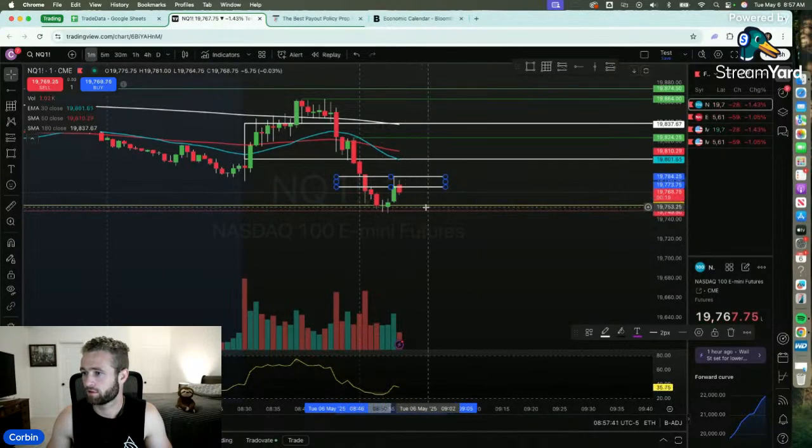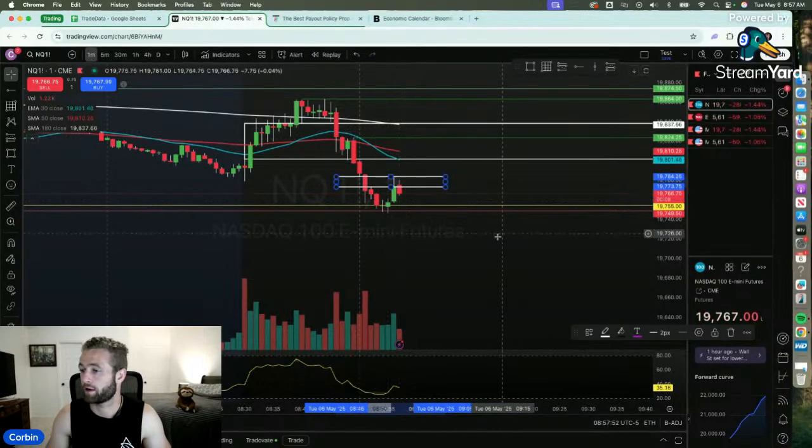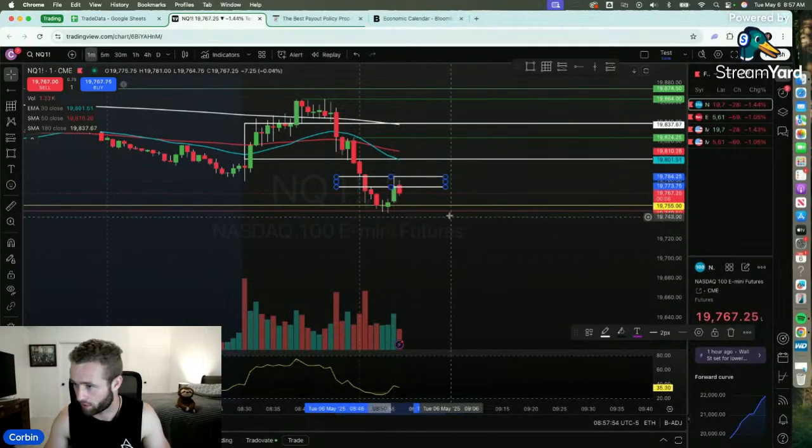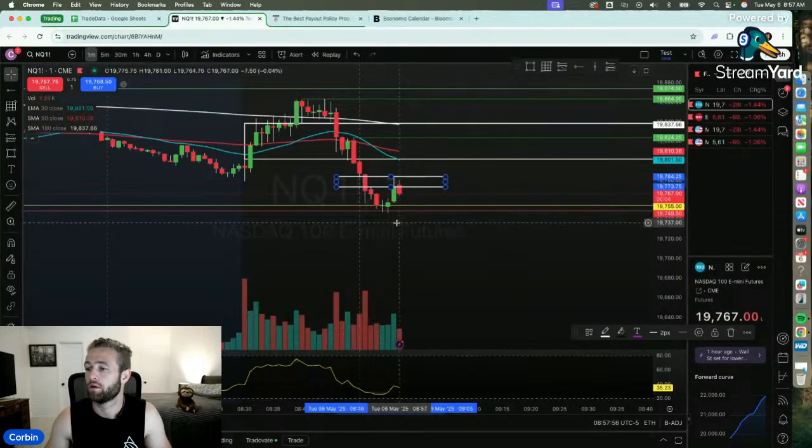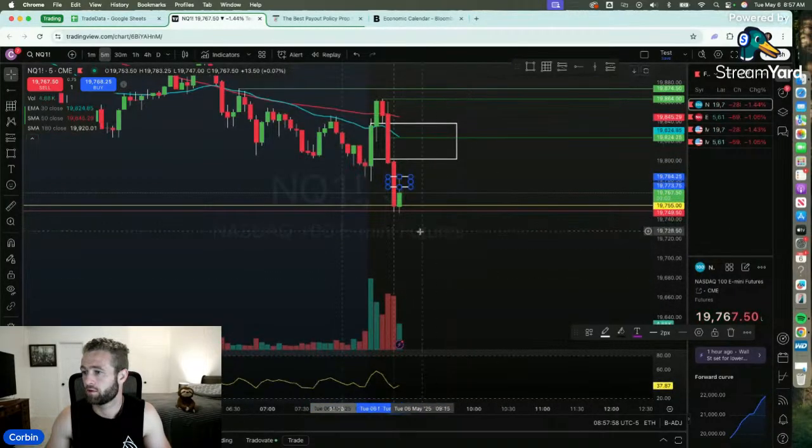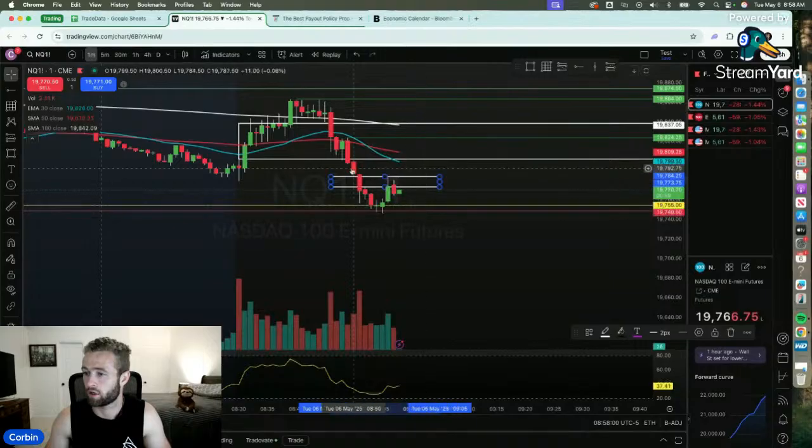Let's see if that gets filled. Because if we make a high right here, then we break above that, that's clear break of structure. Because the nearest low is right here, and that would form a higher low, aka we're in an uptrend, on the 1-day, 1-minute chart.